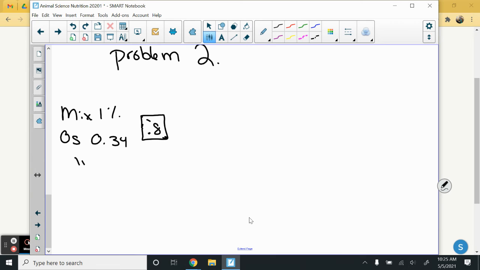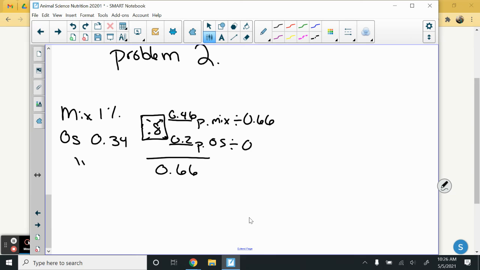So I'm going to work through really quickly here, put in my arrows. Parts mix, parts oat silage, 0.46 and 0.2. Add those together, 0.66, and divide each of these by 0.66. That's going to give me 0.697 for the mix.